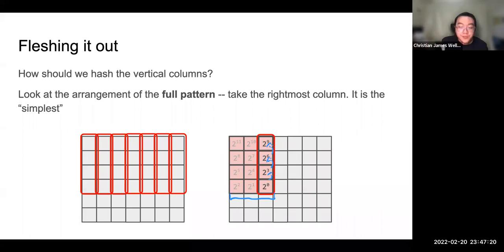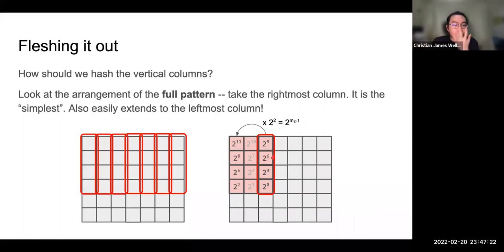It also easily extends to the leftmost column by multiplying by 2 to some appropriate power. In this case it's 2 power 2, because the distance here is M2 minus 1, so we just multiply by 2 power M2 minus 1.